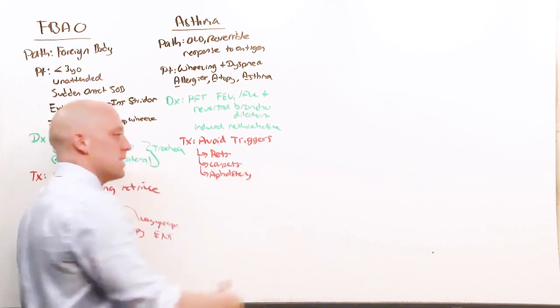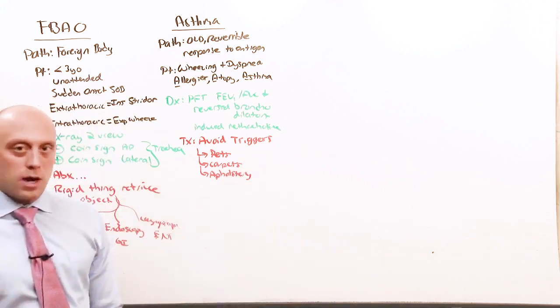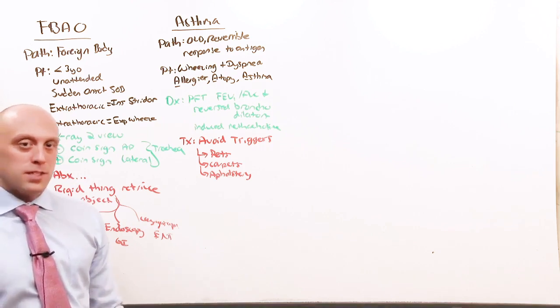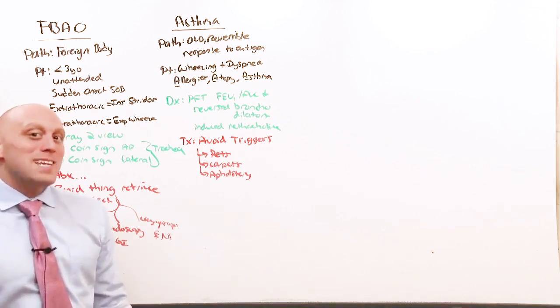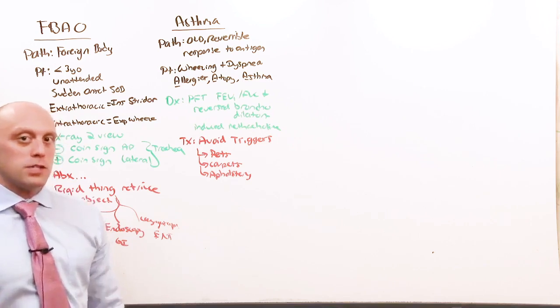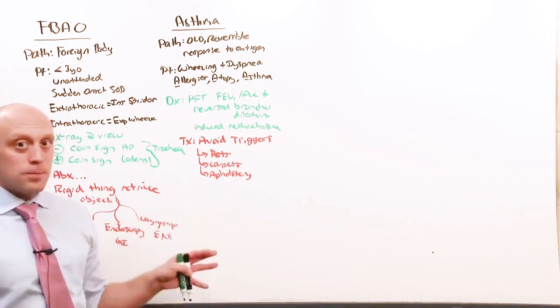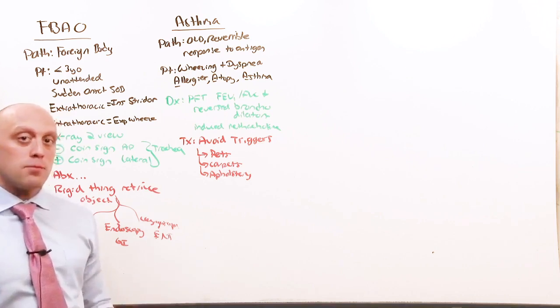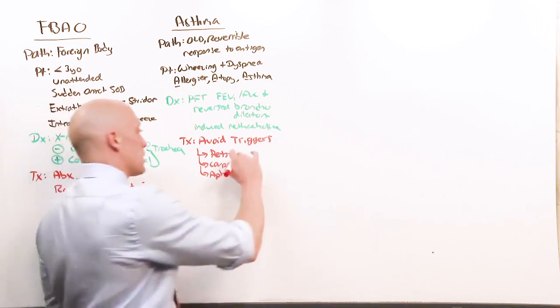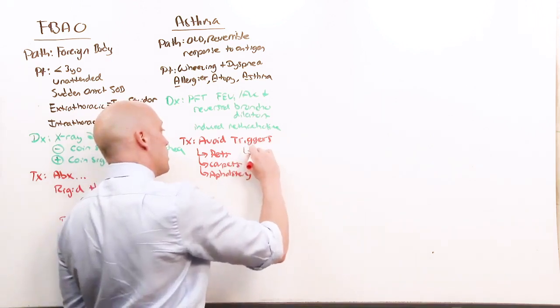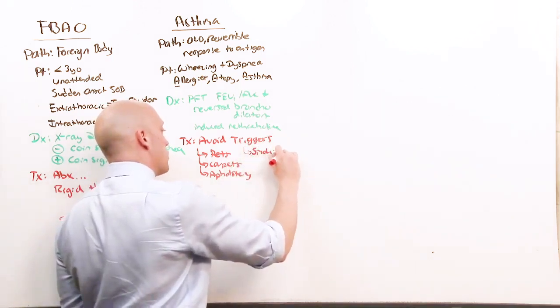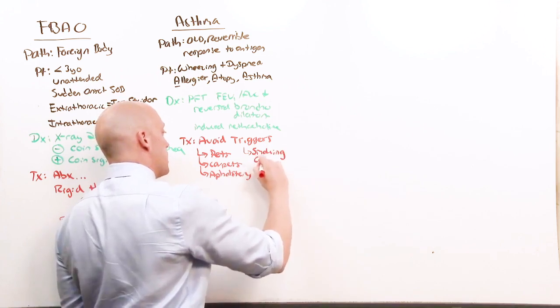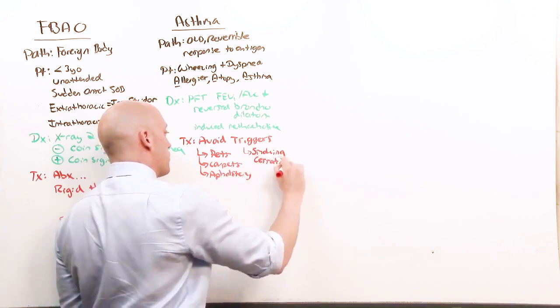Anything that can hang on to dust mites or cockroaches or bug feces or dander or anything that can trigger their allergies or their asthma, you want to get rid of. But most importantly, the thing that the parents can do is smoking cessation. If they want their kids to have less frequent asthma attacks, they need to stop smoking.